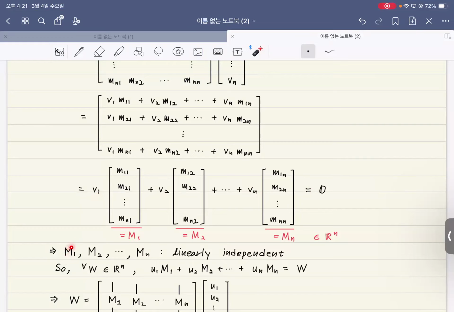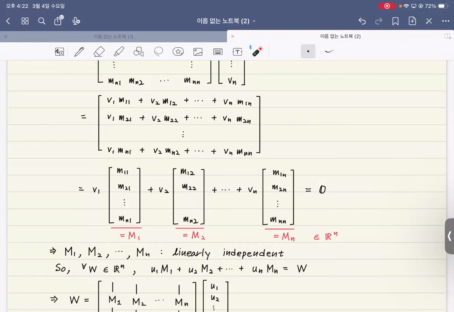This reminds me of the definition of linear independence. So each of these vectors is linearly independent. They are all n-dimensional vectors, we have n such vectors, and they are linearly independent. In this case, we say these vectors are basis vectors of Rn, and any vector from Rn can be written as a linear combination of these basis vectors.